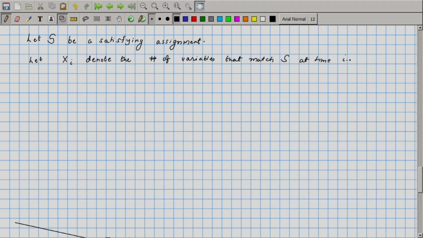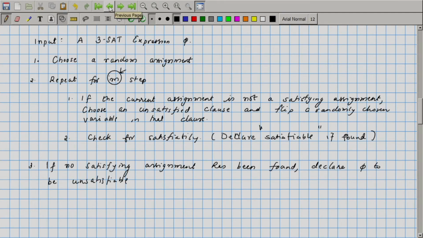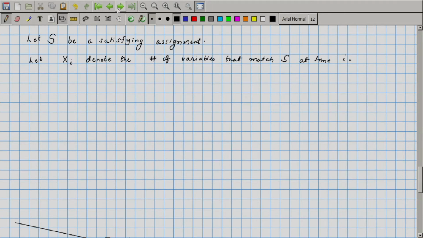Okay. So, let us look at this algorithm. For the time being, let us say that we will repeat this for an infinite number of steps. We will never stop the algorithm.